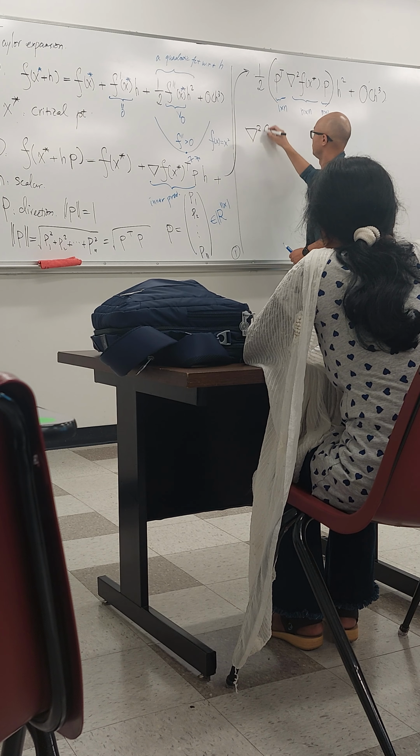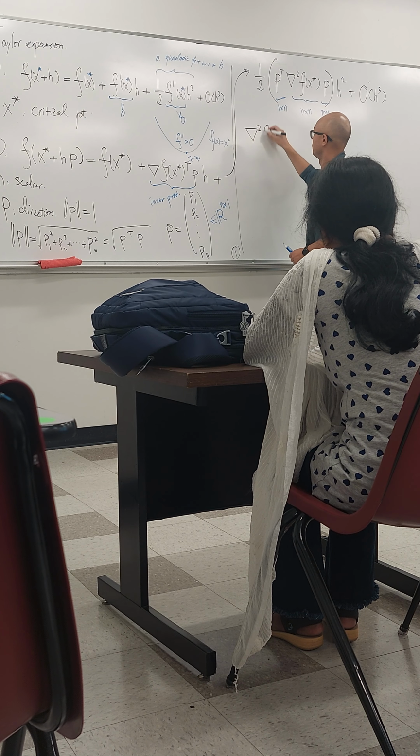Then we can transform P transpose Hessian P into P1 squared times a quadratic function with respect to R, that is A22 R squared plus 2 A12 R plus A11.